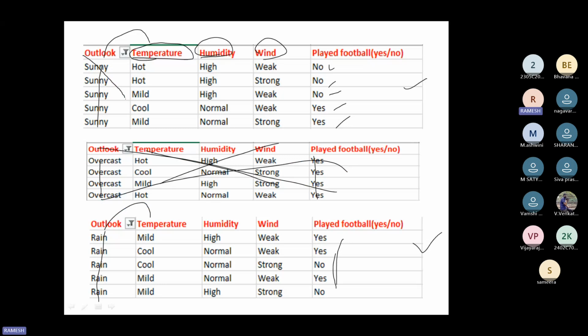Now we have taken outlook as the root node. This will be our mini data set.